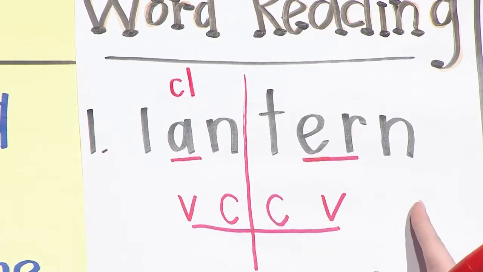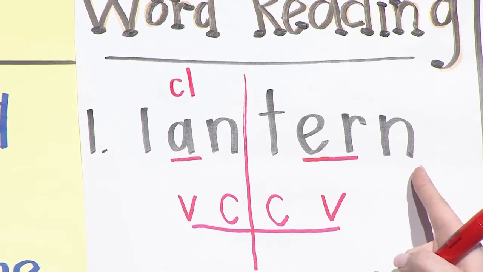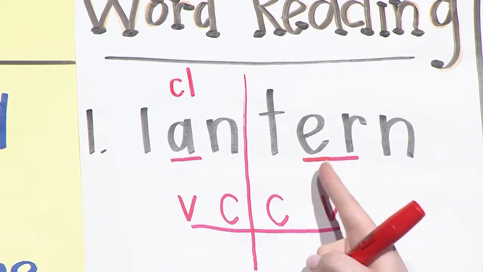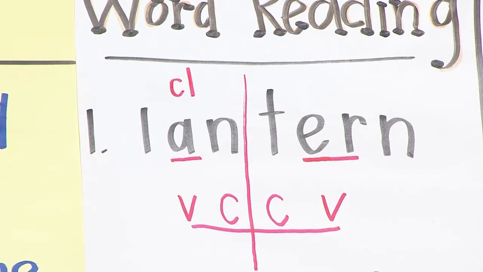My next syllable, I notice it ends in a consonant, but I have my E and R underlined because those together make a welded sound.